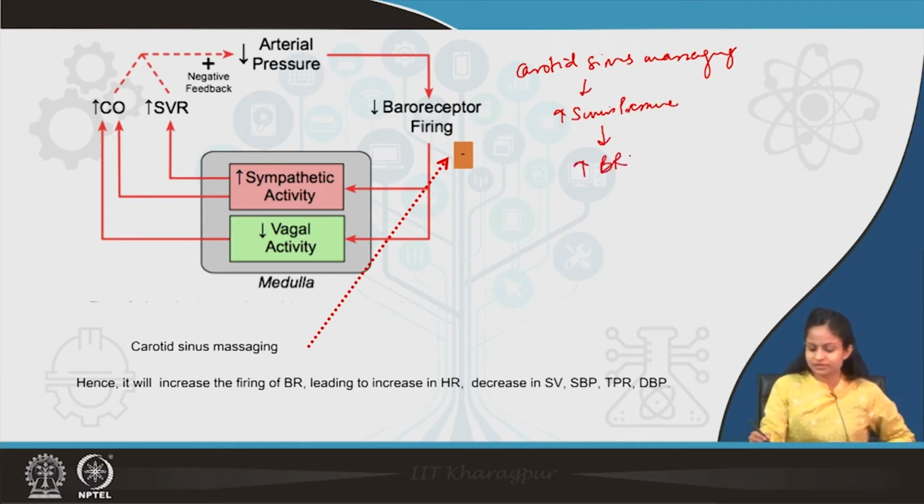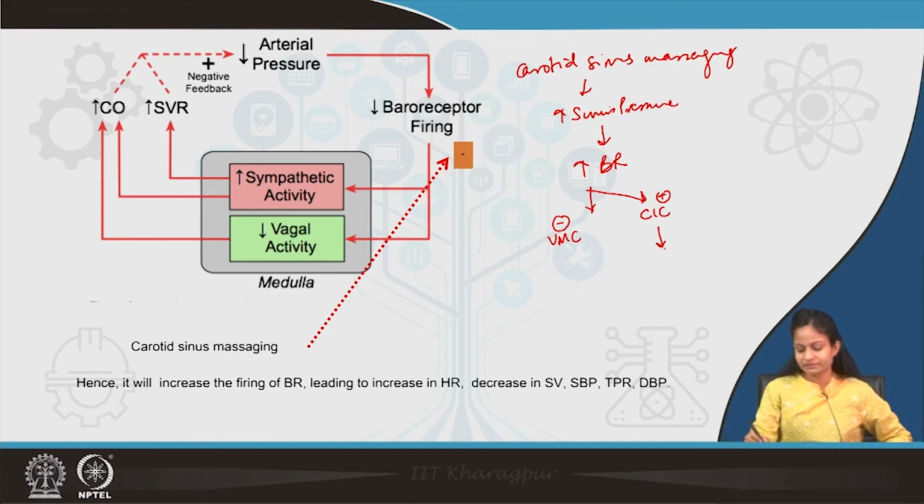Whenever there is increased baroreceptor firing, what will happen? The vasomotor center will finally be inhibited, and the cardiac inhibitory center will be stimulated. Cardiac inhibitory center stimulated means there will be a decrease in the heart rate.